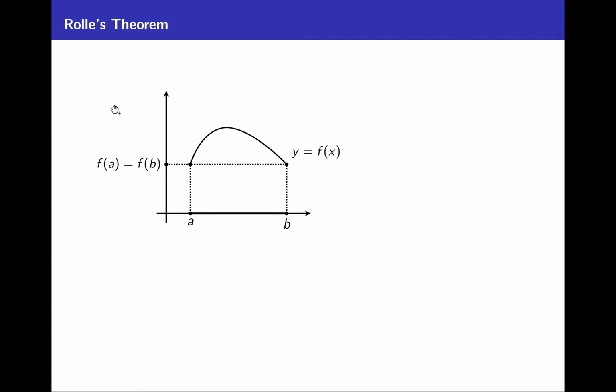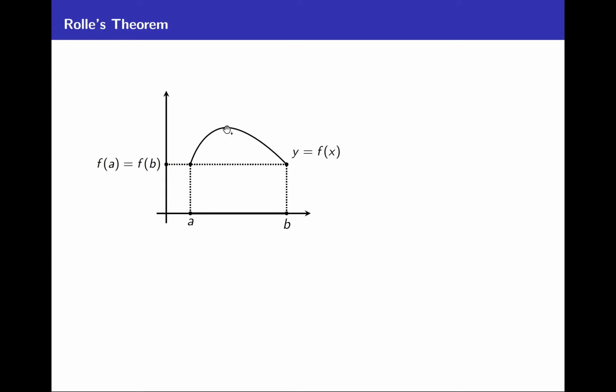Rolle's theorem applies to the situation that's illustrated here. There's a function f of x defined on a closed interval from a to b. And it so happens that f of a equals f of b. The function starts out at height f of a, the height changes, and by the time you get to b, you're at f of b, which equals f of a.